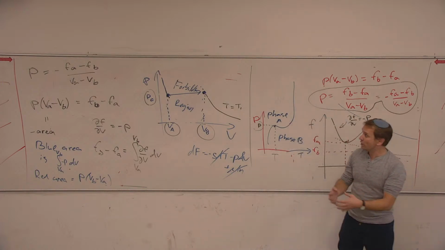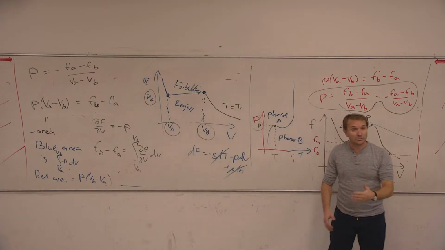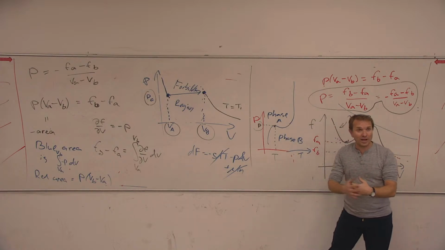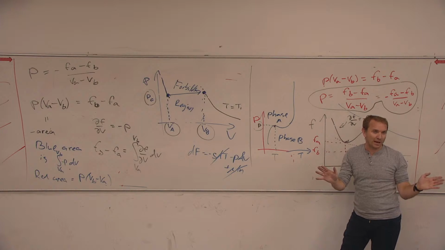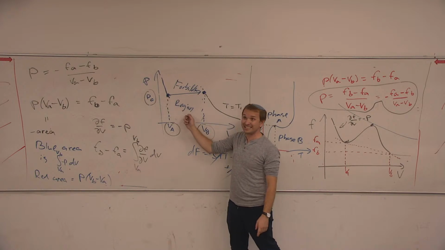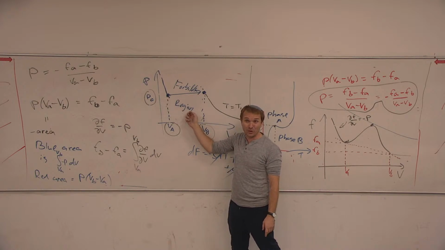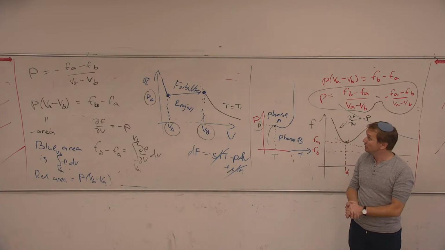So in order to describe what happens exactly at phase transition, we cannot stay with thermodynamics. We have to move on and describe what happens in the micro world. Up to now, we described only what happens in the macro. In order to dig in and understand what actually happens in the micro, we need to assume something about the micro world, and this is what we'll start to do next week.